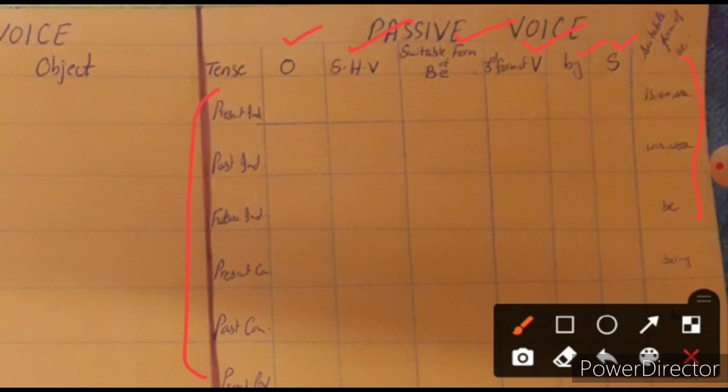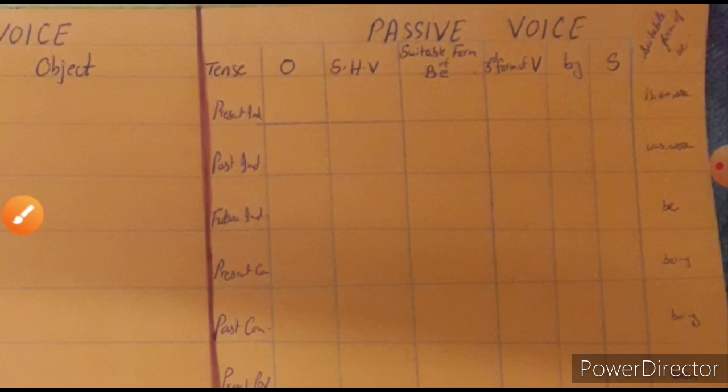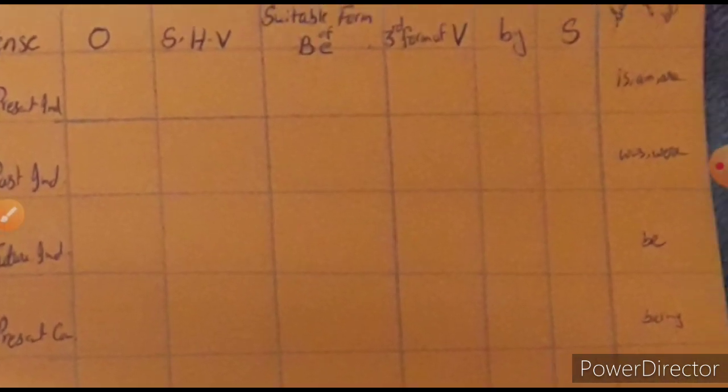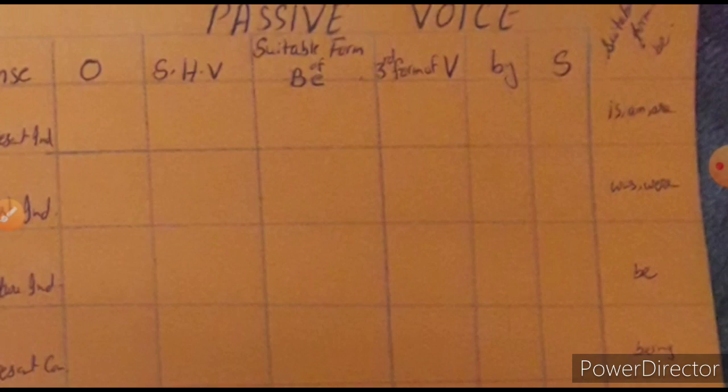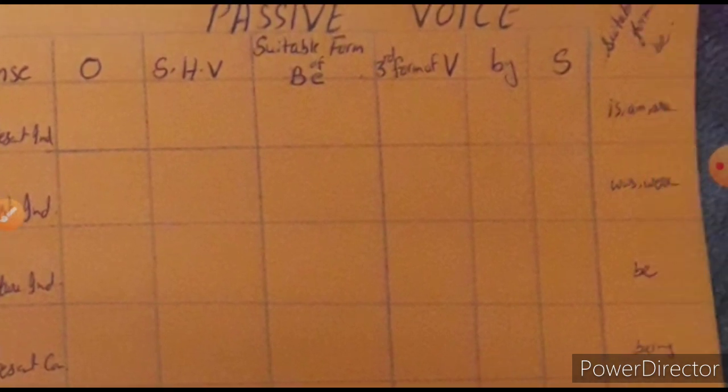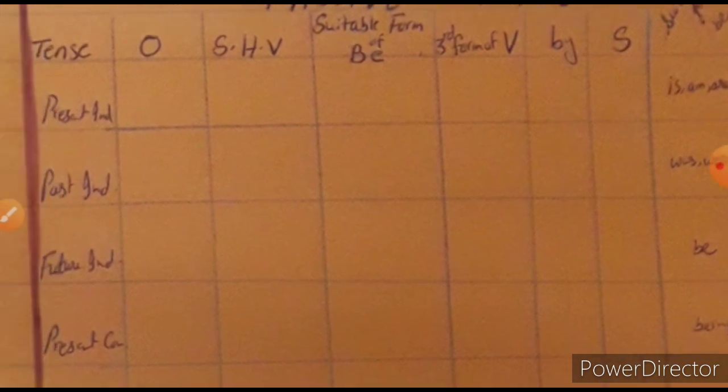What is this basically in the end? I'm going to give you a close up. I have written over here the suitable form of be, so that you can understand which forms we are going to use in the present tense. I told you before that we use is, am, are in the present tense. In the past tense we use was and were. In the future we use be. In the continuous tenses we use being.